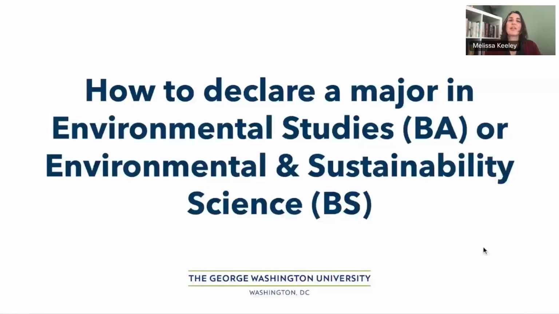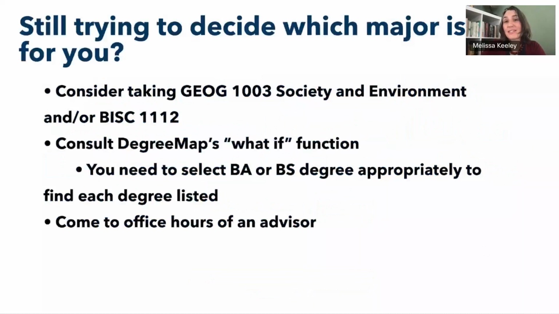So first, what if you're still trying to decide which major is right for you? The first thing I would suggest to anyone is to consider taking Geography 1003, Society and the Environment, which we think of as our gateway course for the majors, kind of topically, and or BISC 1112.